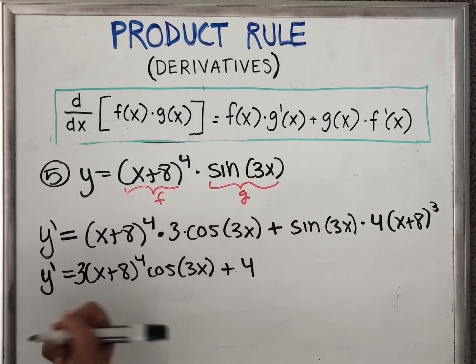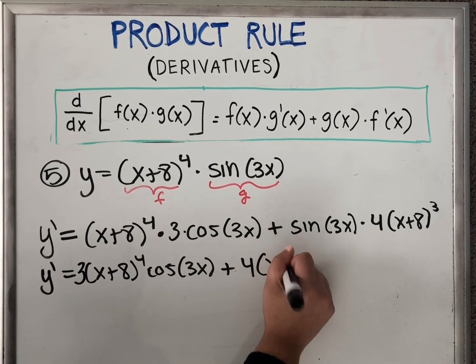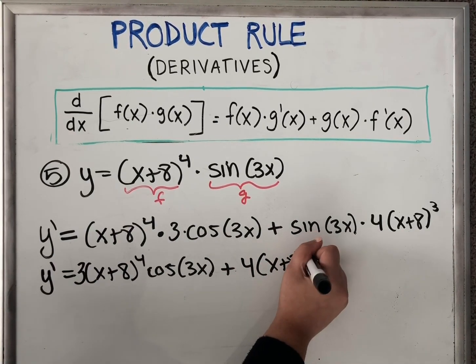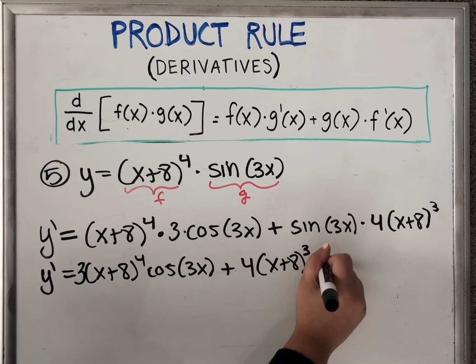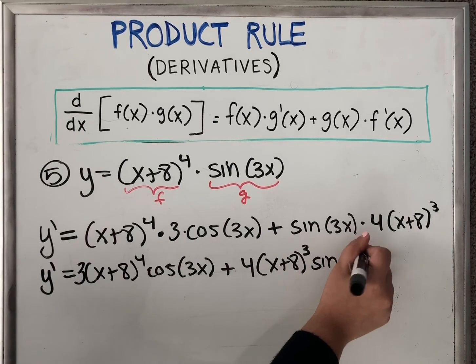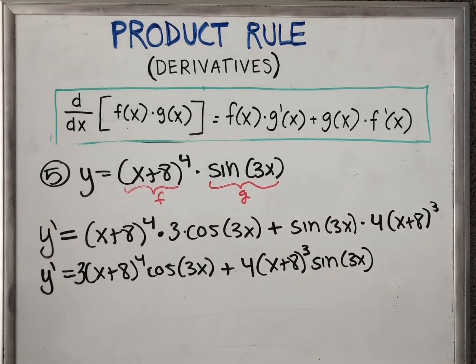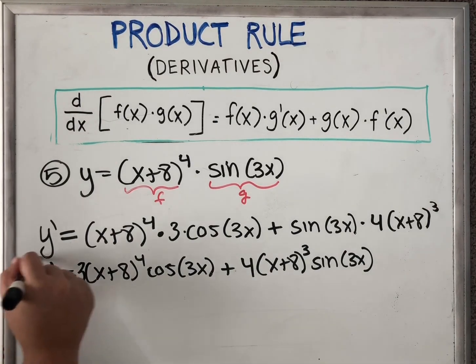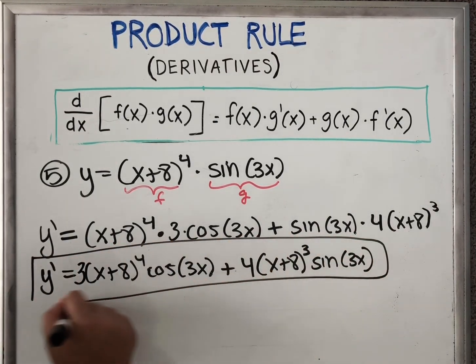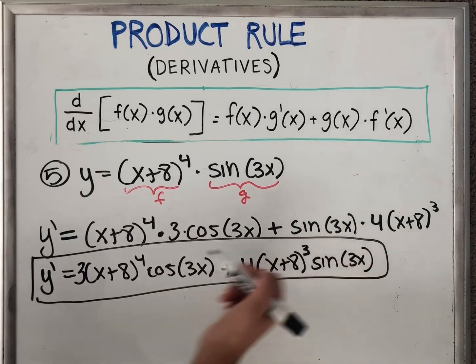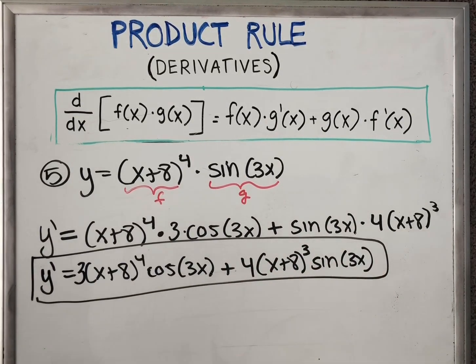Again, you don't need to, just my style of writing it. 4(x plus 8) cubed times sine of 3x. Okay. So I believe that is it for that one. Again, you could really just leave it at this too. It's all the same thing. I've just simplified it down.